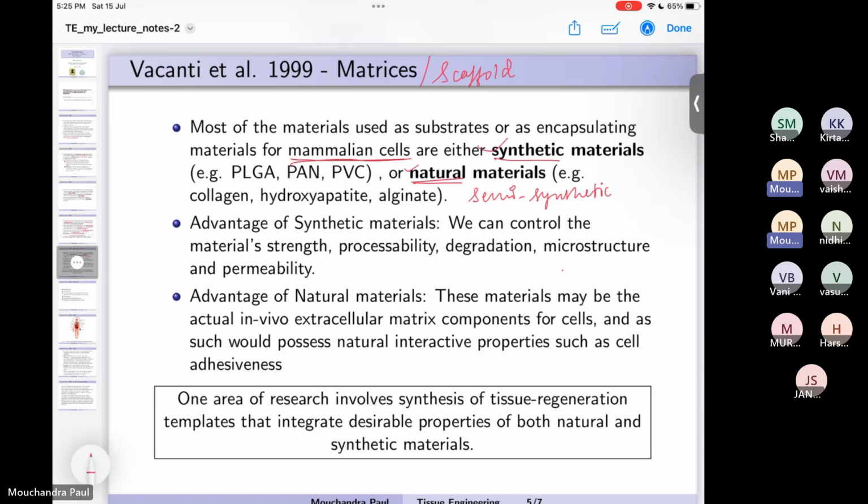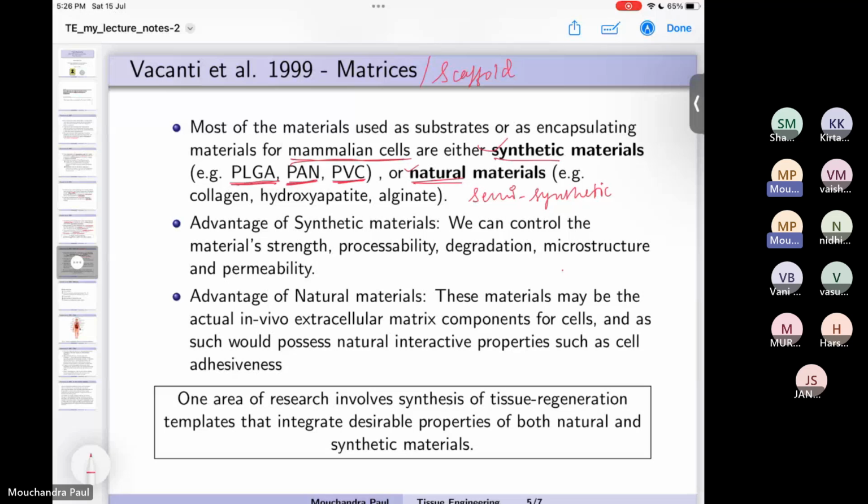Here only the polymer names are given for synthetic materials, but metals, ceramics, or composites of these are also possible. Examples are PLGA, or polylactic-co-glycolic acid, PAN, polyacrylonitrile, or PVC, polyvinyl chloride. When we talk about biomaterials, we will go into details about polymers and various examples.